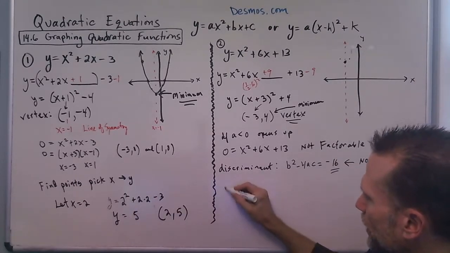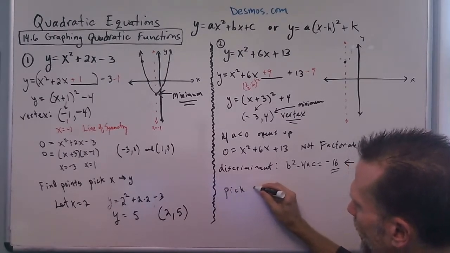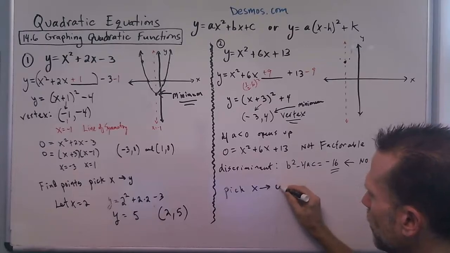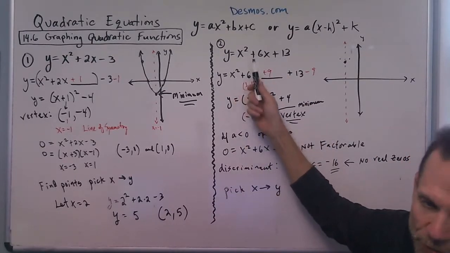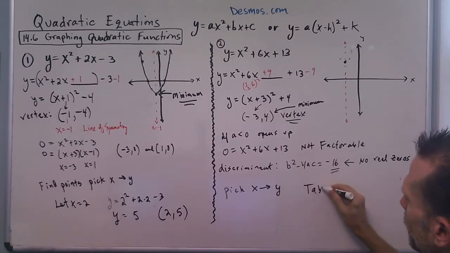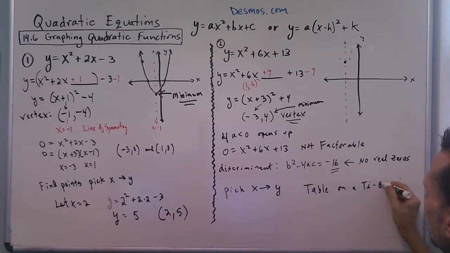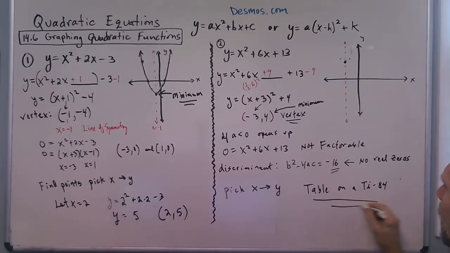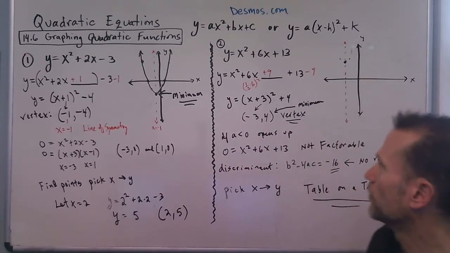So pick some x's, and then generate some y's by putting them into the function. You could put 1 in here for x or 2, but you could also use the table on a TI-84, and you might have to research that a little bit on YouTube, but you type this function in and use the table feature.